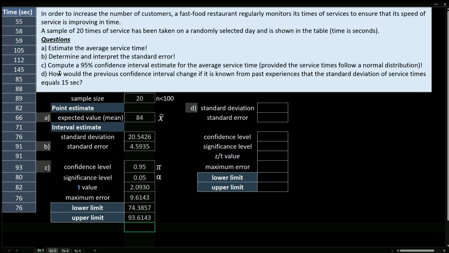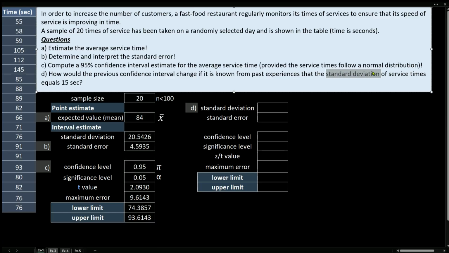In part D, we have extra information and we want to use the same confidence level, but with extra information that from past experience, we know that the standard deviation of the population is 15.